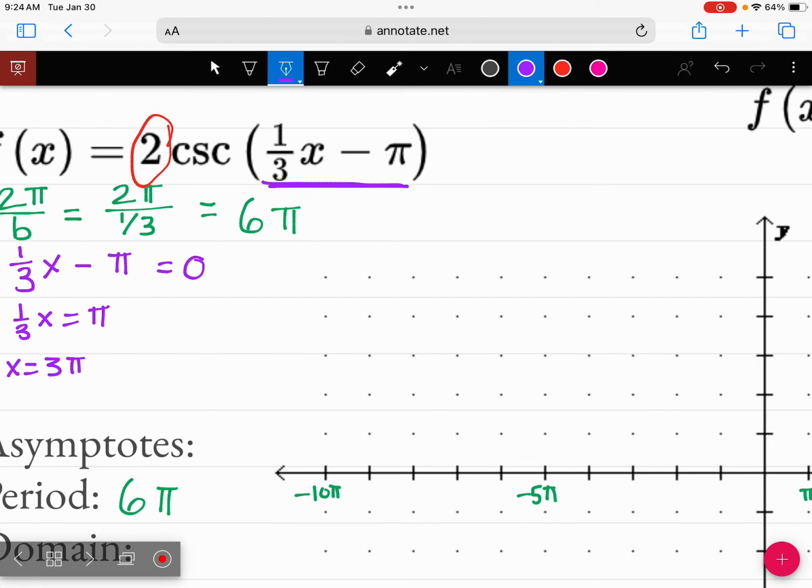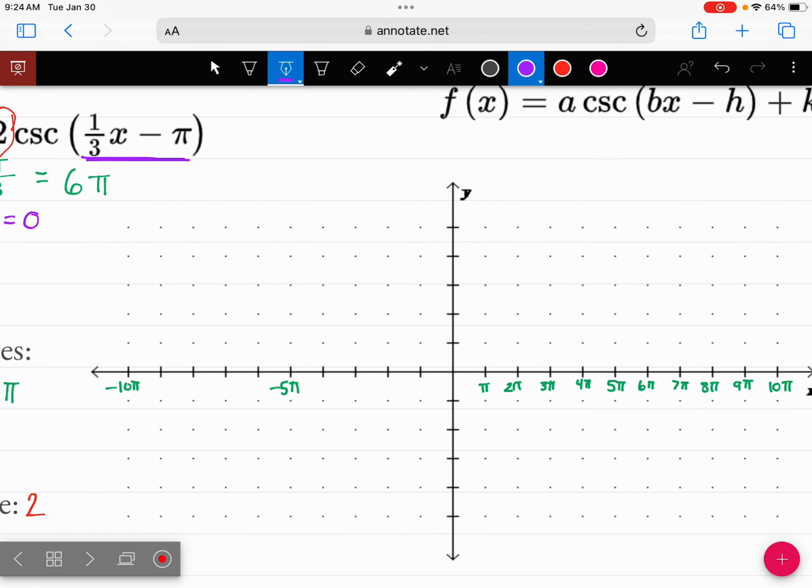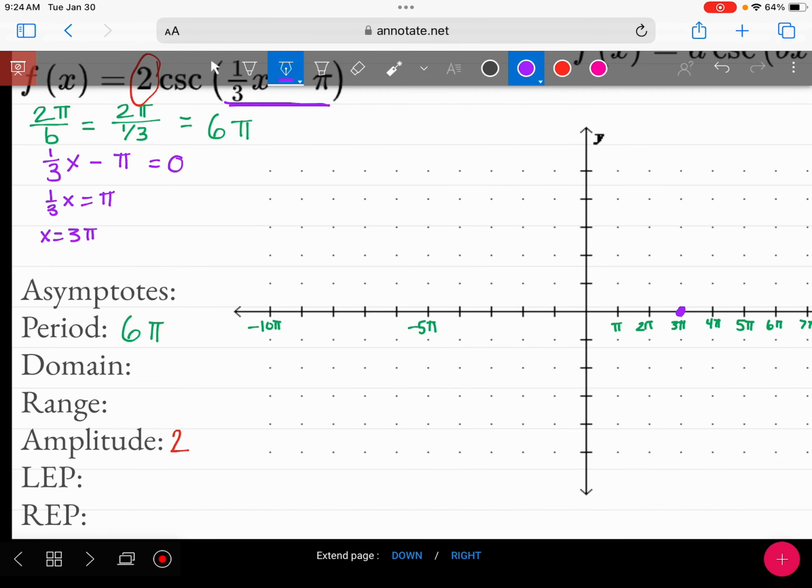And again, since this is sine, we're hitting right on 0 anyway, so we can put our left endpoint right at 3 pi for our sine part of this.